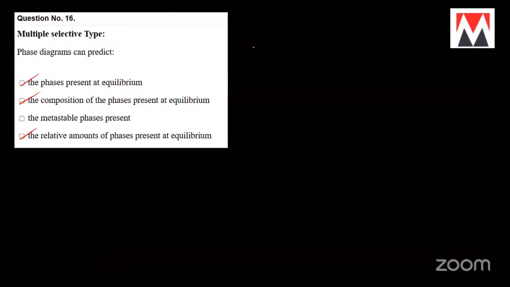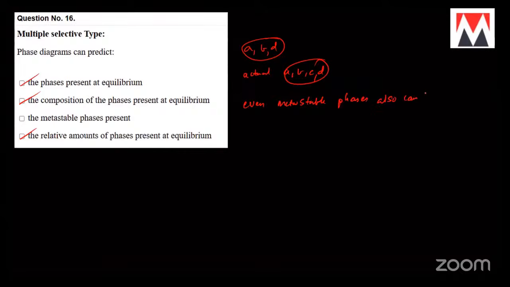General answer when you study your BTech will be A, B, D. But actual answer is A, B, C, D. Even metastable phases also can be predicted with the help of phase diagrams.